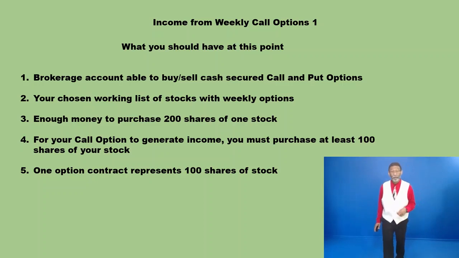Enough money to purchase 200 shares of one stock, and that is to allow for you to sell a cash secured put option and also dollar cost average and buy more stocks to make your average price of the stock better.